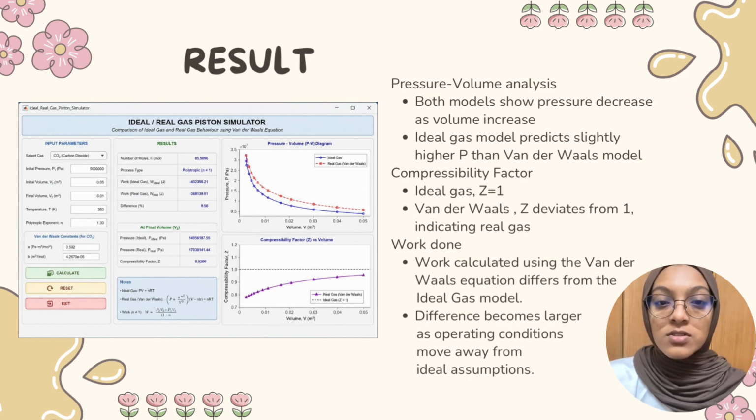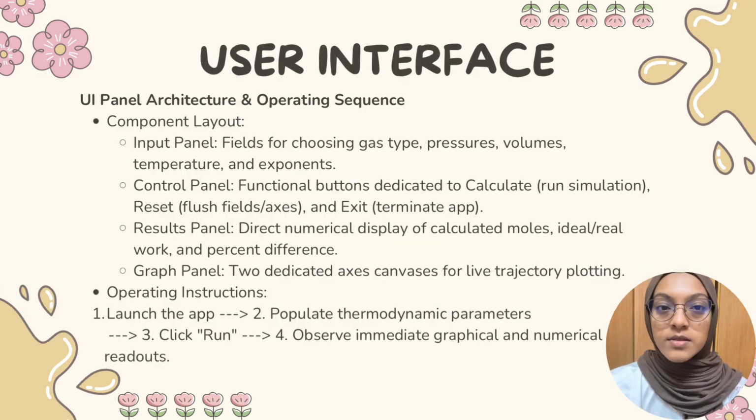Overall, the results show that the van der Waals model provided a more realistic representation of gas behavior compared to the ideal gas model. Next, I will explain the user interface of the application. The interface is designed to be simple and user-friendly.